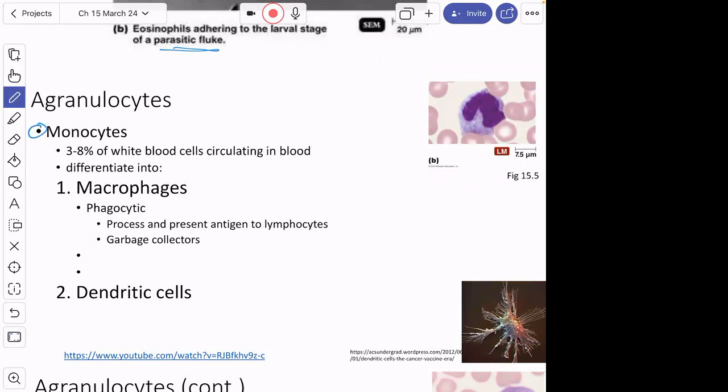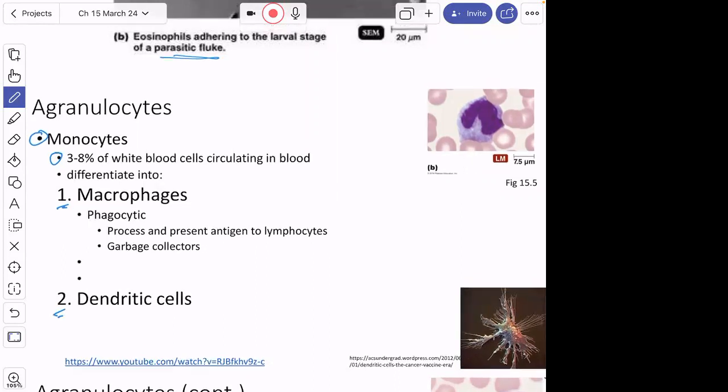Monocytes are agranulocytes, and there aren't a lot of them: 3 to 8% of your total white blood cells in your bloodstream. When they leave the bloodstream, especially during inflammation, they differentiate into two different kinds of cells, macrophages and dendritic cells.